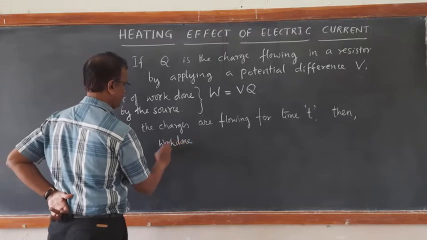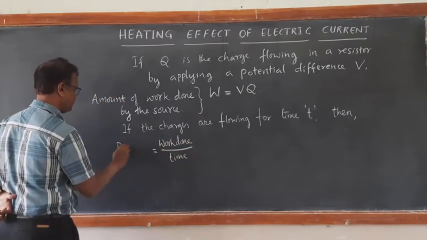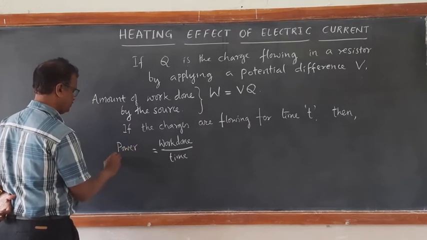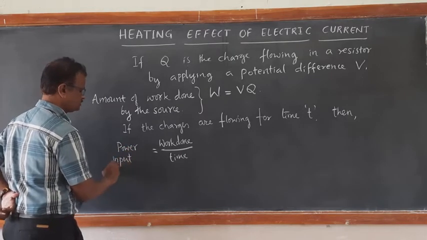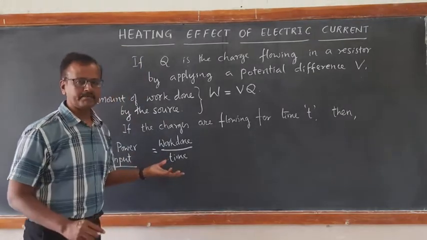Work done per unit time we calculate as the power input, that is, the power supplied in the circuit. This is basically electric power.